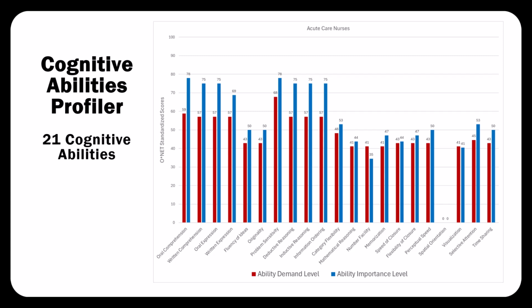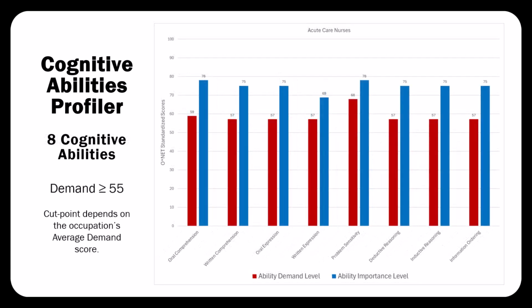Well, we're going to identify those in which the demand is highest, because it is with those abilities that Joanna is most challenged, most likely to be limited as she attempts to return to work. This is what we see here. Using an ability demand cut point of greater than or equal to 55, which the CAP provides, we've got 8 cognitive ability variables.